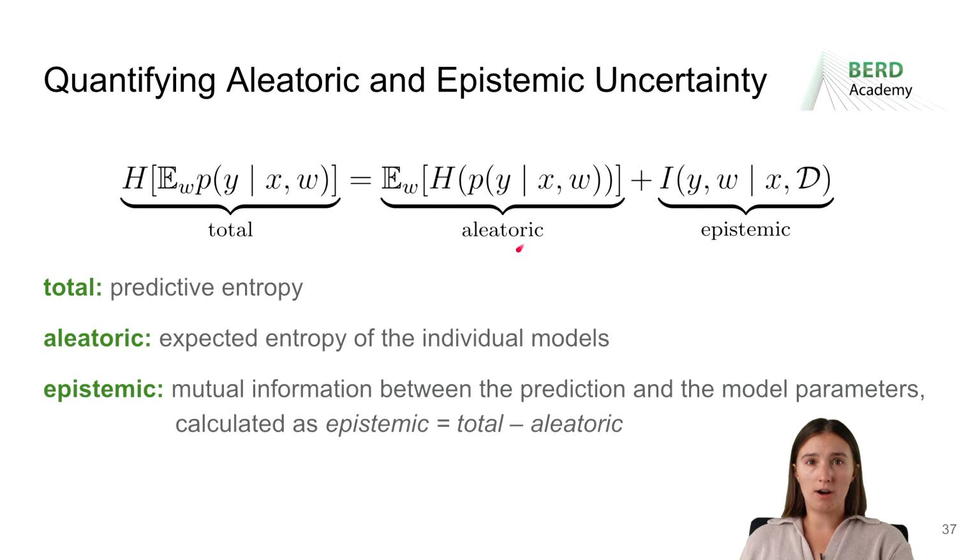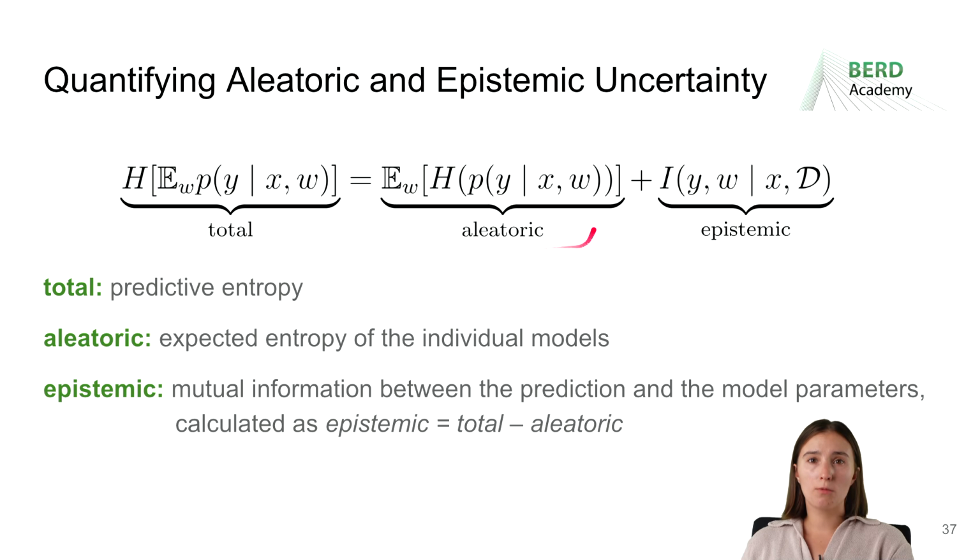The aleatoric part is the expectation over the entropies. So here the difference is that the total uncertainty is the entropy of the expected prediction versus the expectation over the entropies. Because we consider multiple models, we can first calculate the entropy and then calculate the average or the expected value over the entropies, or do it the other way around.